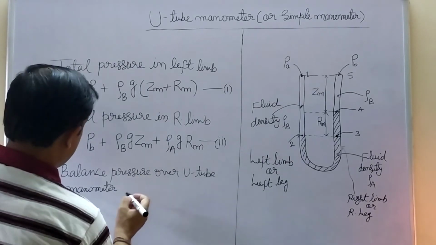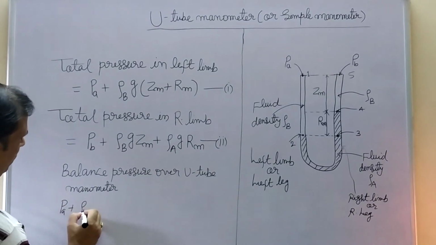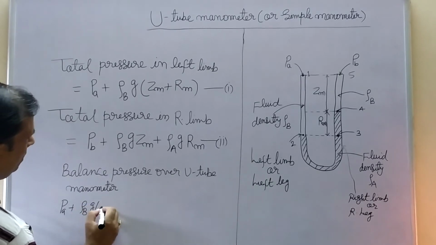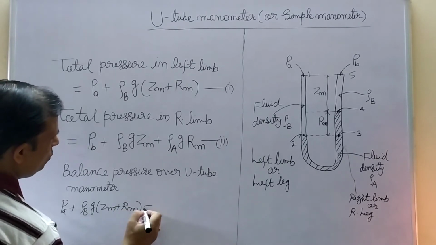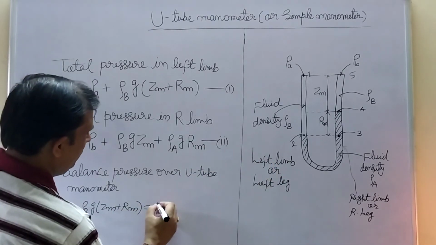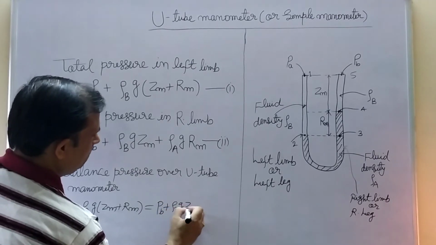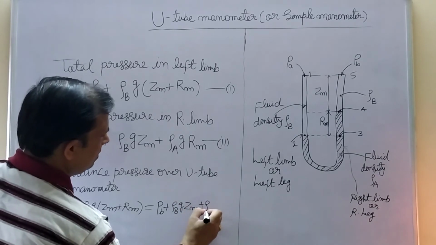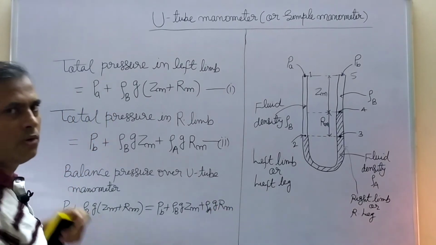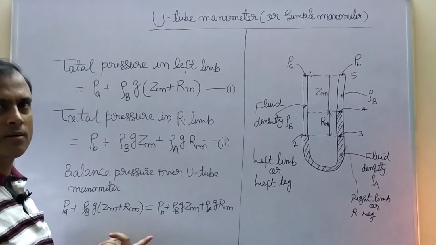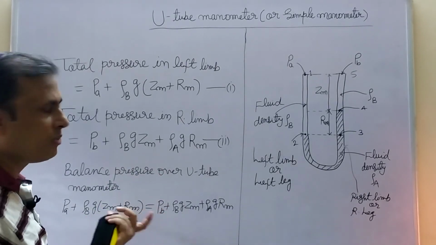So that equals PA plus rho B g (Zm plus Rm) equals the right-hand side pressure PB plus rho B g Zm plus rho A g Rm. So this is the equation after writing both in a balanced form.